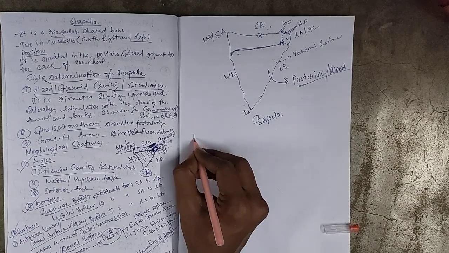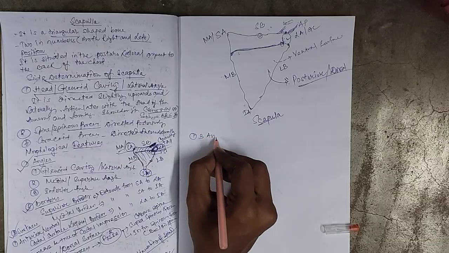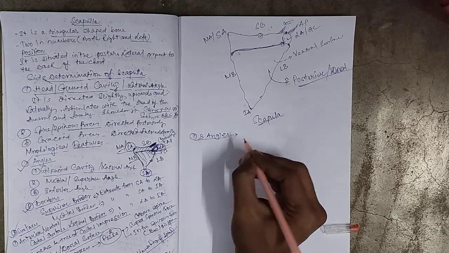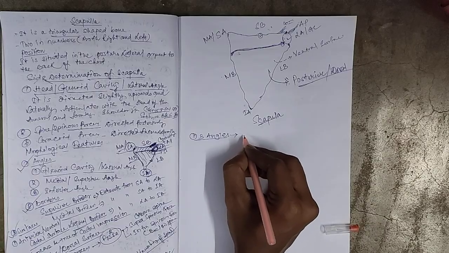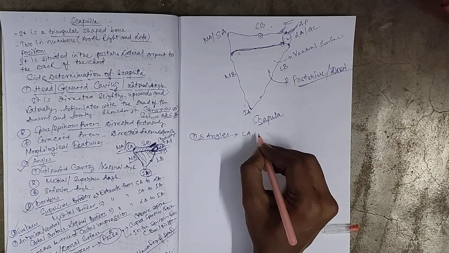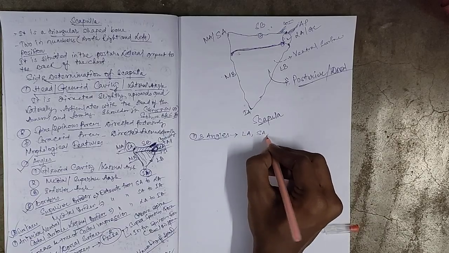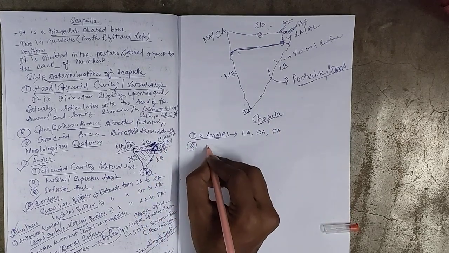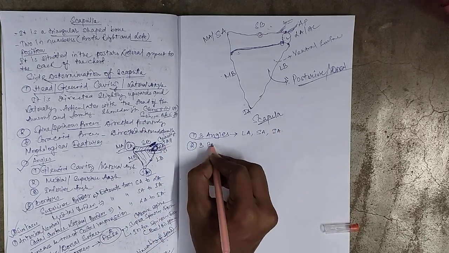So we have discussed three angles. The angles are lateral angle, superior angle and inferior angle. Number 2, we have discussed the three borders.